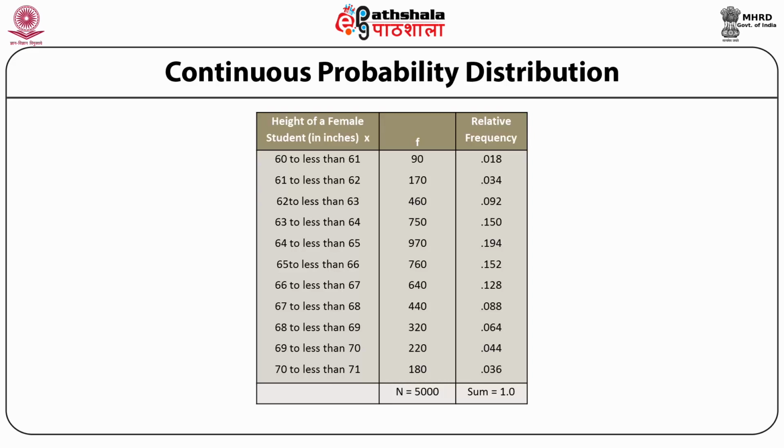So between 64 and 65 the histogram is the highest, because here the highest frequency corresponds to it. This makes the curve unimodal, with the peak of the curve lying in the interval 64 to 65.